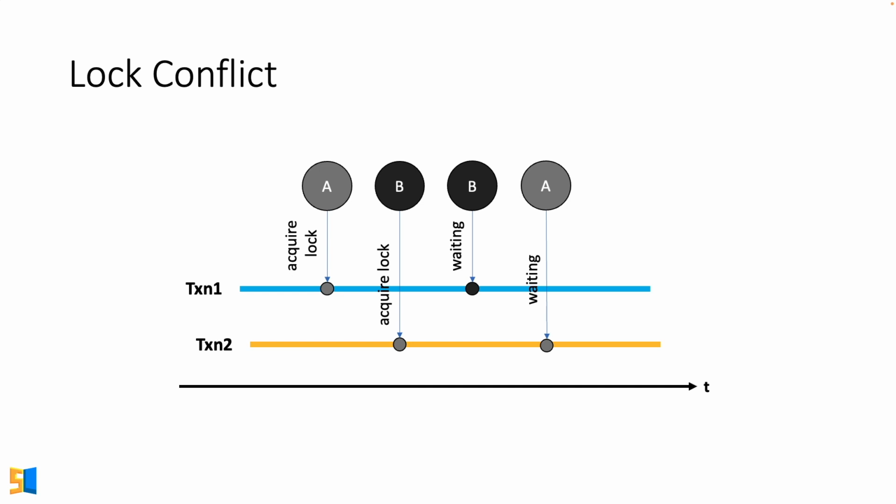Consider the following scenario. Transaction 1, TX1, holds a lock on record A and is waiting for a lock on record B. And transaction 2 holds a lock on record B and is waiting for a lock on record A. This is a lock conflict.